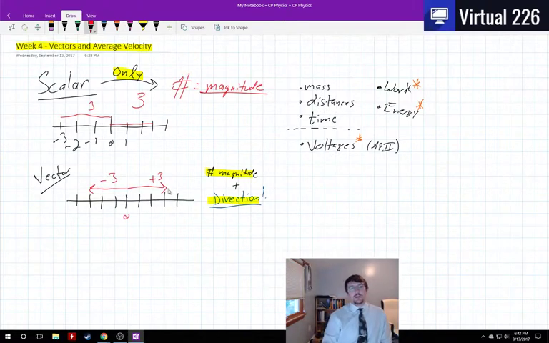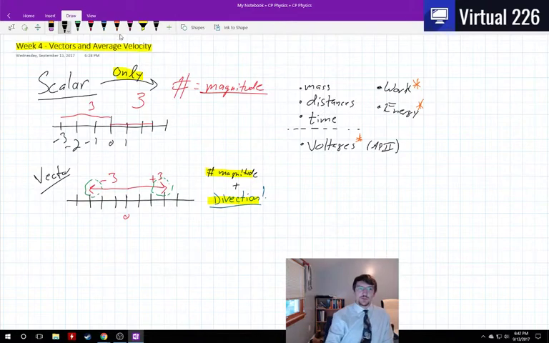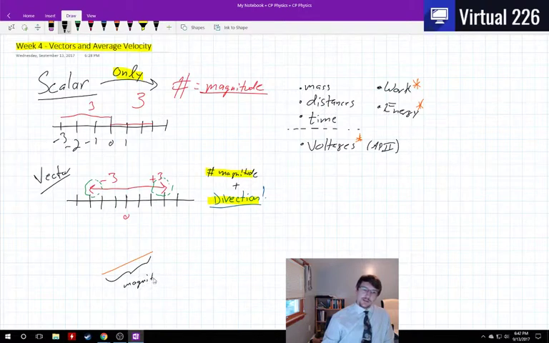Now notice how I've drawn my vector with this arrow here, because when you draw a vector, you must draw it as a line of some length, so that length is representative of the magnitude, but the direction you go is based off of the arrow.